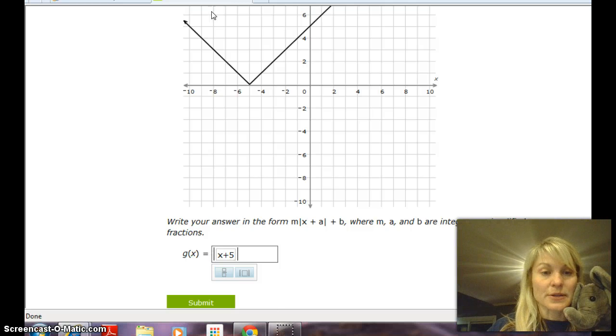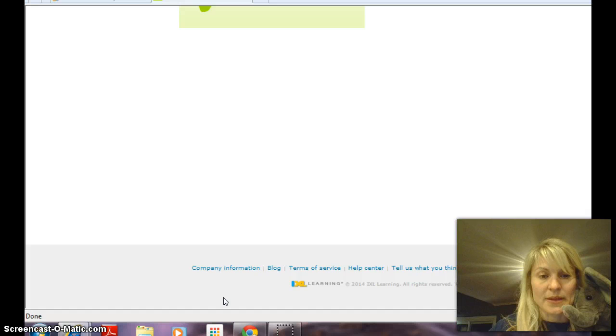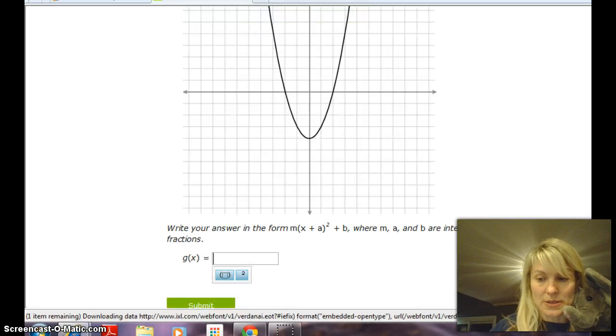Just like we learned in class today, when we go left to right, we put that translation in parentheses. In this case, we have the absolute value brackets. So I have x because the function is the absolute value of x. And then we moved it 5 to the right, so it goes plus 5. And we got it, I think.